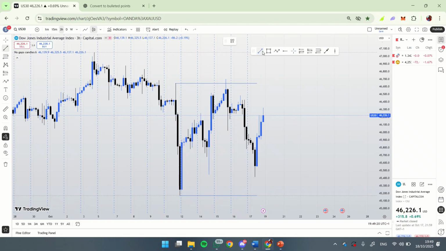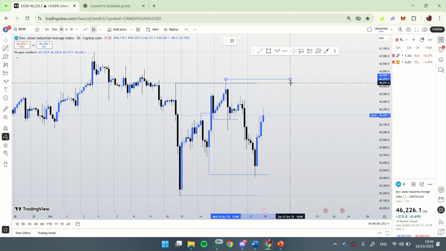Now we are looking at two things. So this is actually a confusion. This is a break of structure. And this particular one tends to hold because this one brought this one and it made a retracement to this low. So this low brought this high.